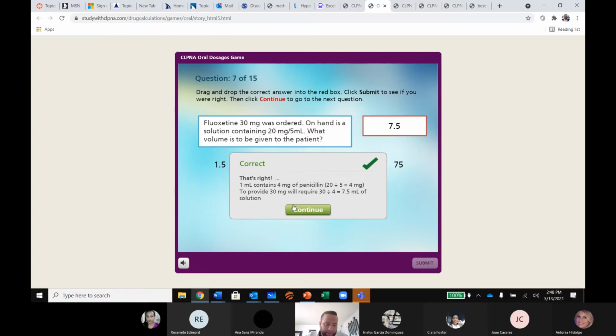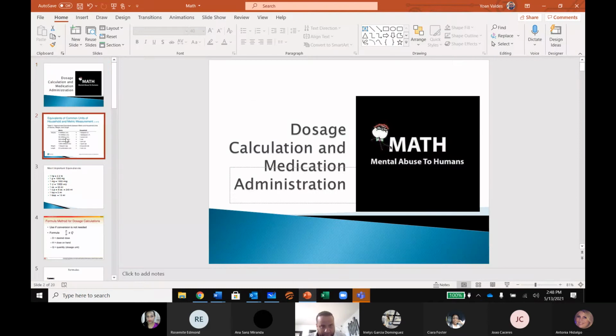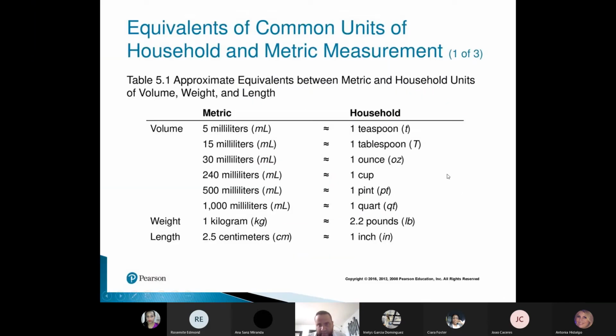Yes. Okay. So we need the formula for drug calculation. You don't have the formula yet?